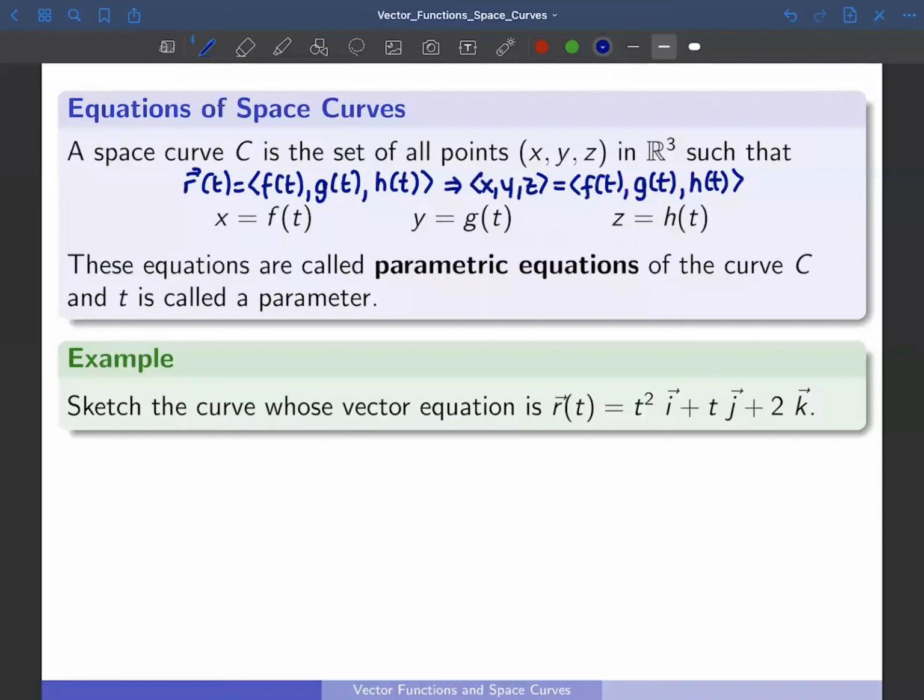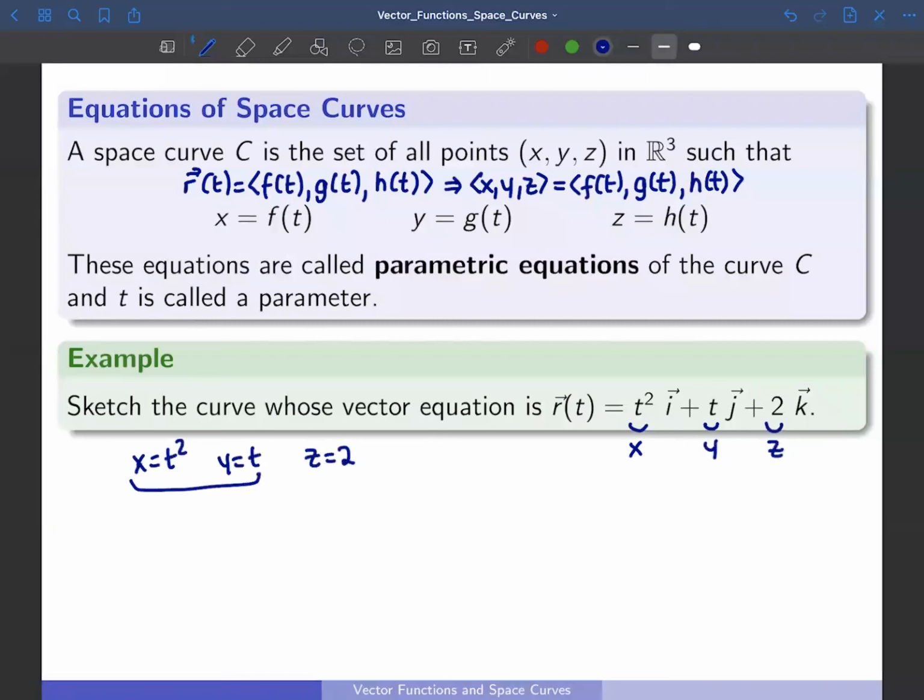Now, suppose that we have a vector equation r of t equal to t squared times the vector i, plus t times the vector j, plus 2 times the vector k, and we're asked to sketch the curve that is represented by this vector equation. From the vector equation, we get that x equals t squared, y equals t, and z equals 2.